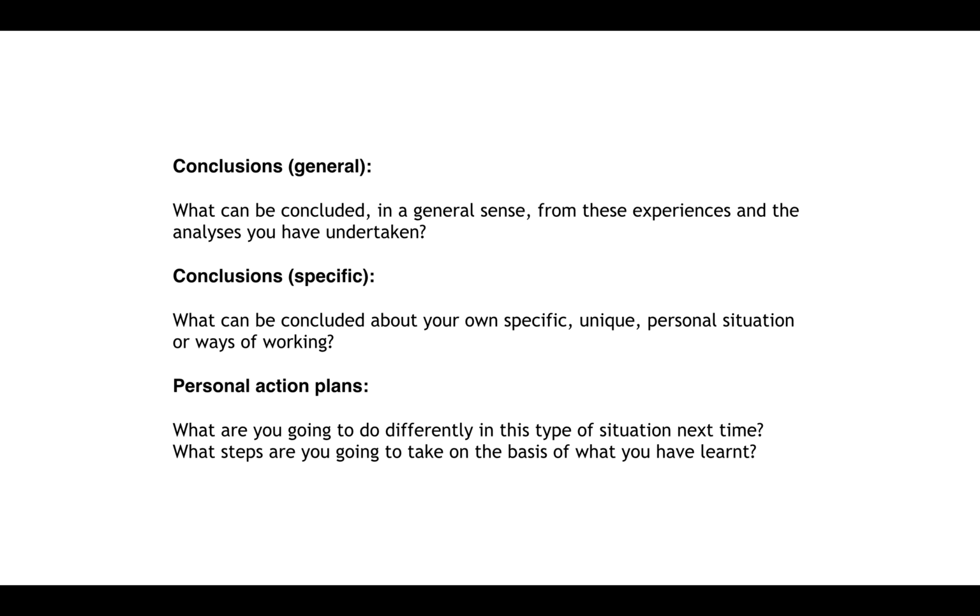And finally, this leads us to conclusions. And building upon those conclusions is our action plan. So this is, what are we going to do differently next time? What steps are you going to take on the basis of what you've learned? So this is the idea that we learn about something, we make value judgments, and then we seek to change it next time to make things better.